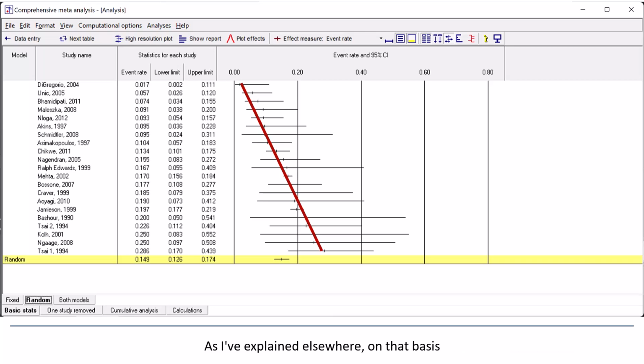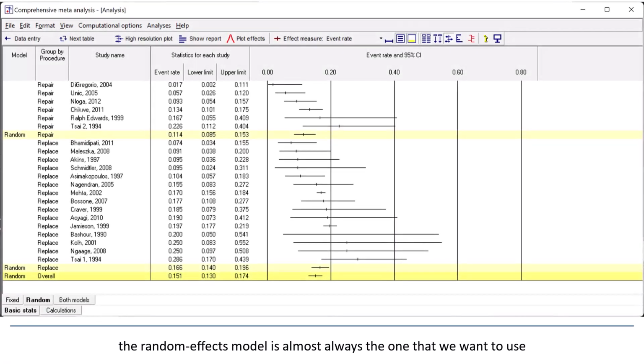As I've explained elsewhere, on that basis, the random effects model is almost always the one that we want to use. The same idea applies when we're using subgroups, except that now we apply the criteria within subgroups. And again, on that basis, the random effects model is almost always the one that we want to use.